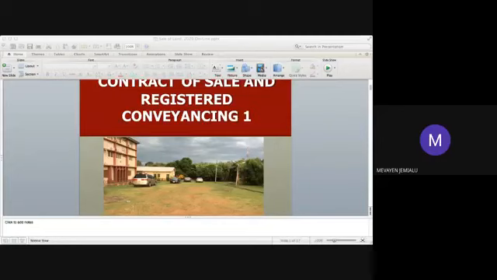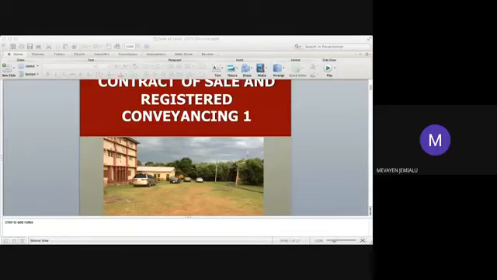Seven, apply the principles governing each type of contract of sale of land to a case you will be given, or to given cases when you begin to practice. Eight, state the procedure for exchange of contract and the effect of exchange of contract on the parties in a sale of land transaction.